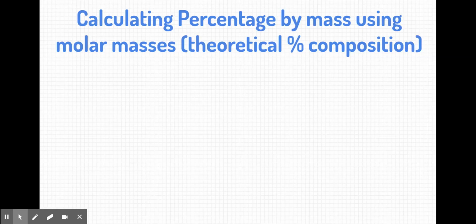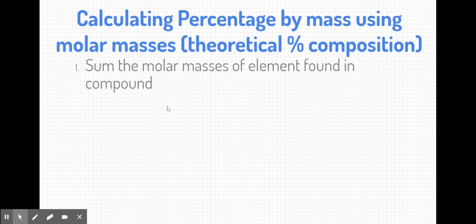Let's now summarize the steps we just did. To calculate the theoretical percent composition of a compound, we use the molar masses, or the atomic masses, if you will, from the periodic table. For the element that we're interested in finding the percent composition of, we first sum the molar masses of that element.